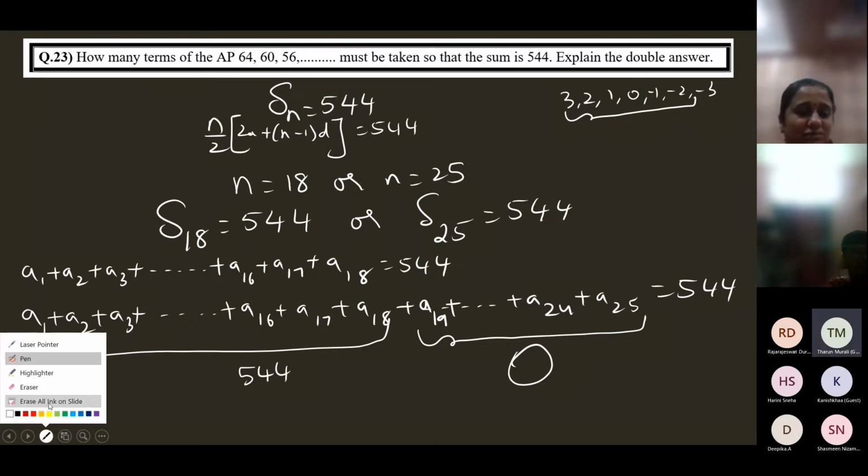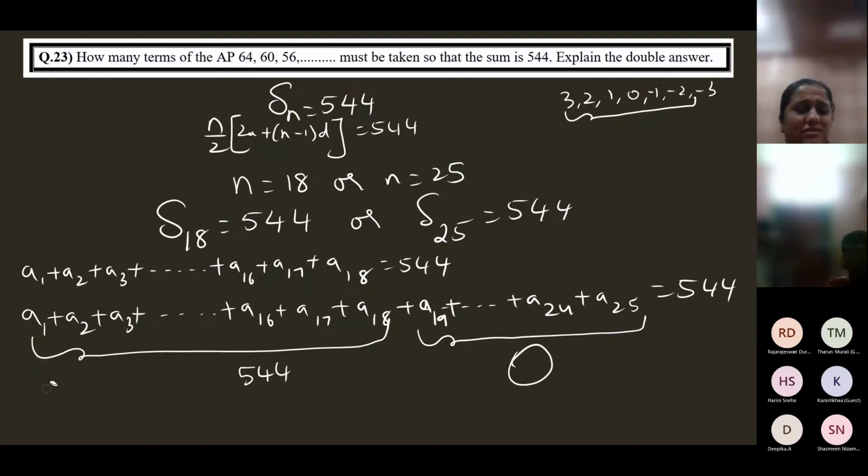0, ma'am. No. What am I asking? I knew I was not clear. Say I'm writing 3, 2, 1, 0, minus 1, minus 2, minus 3.